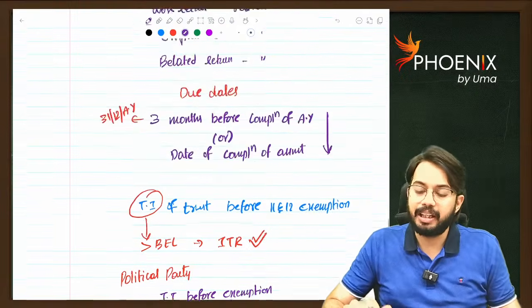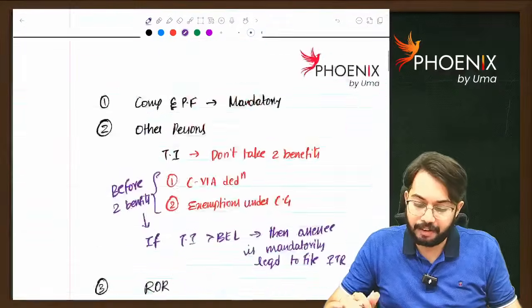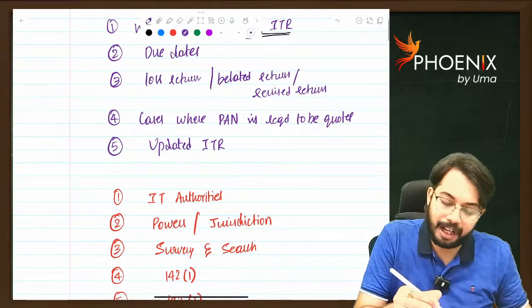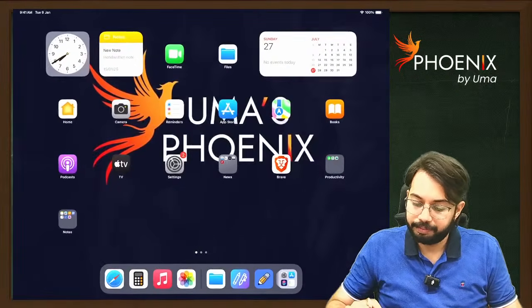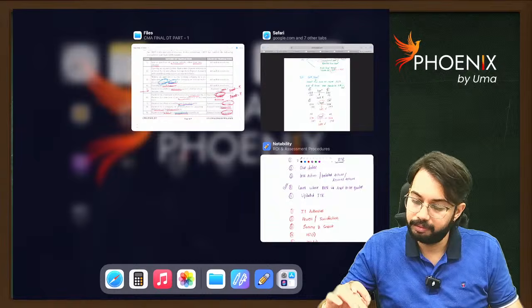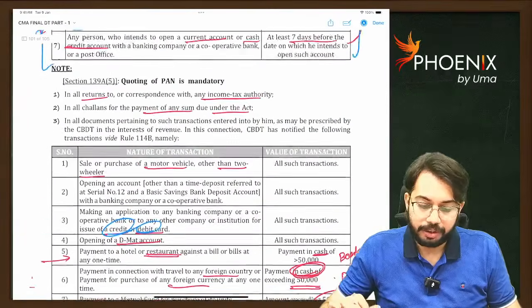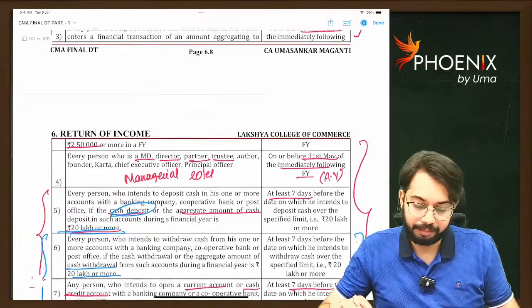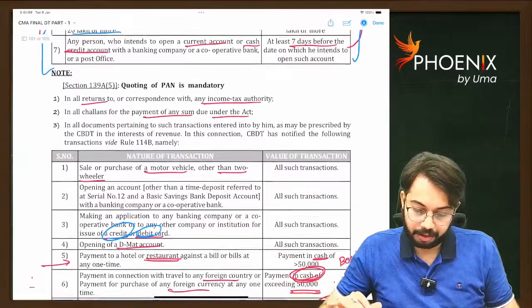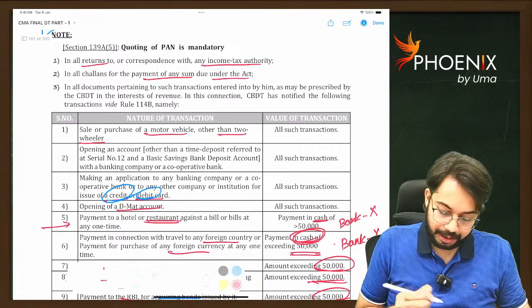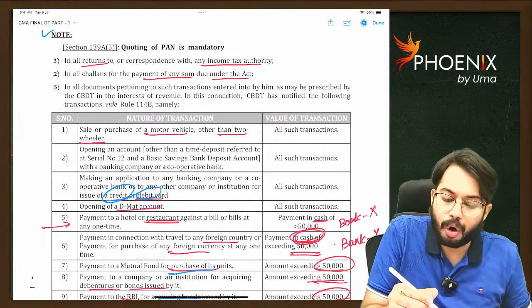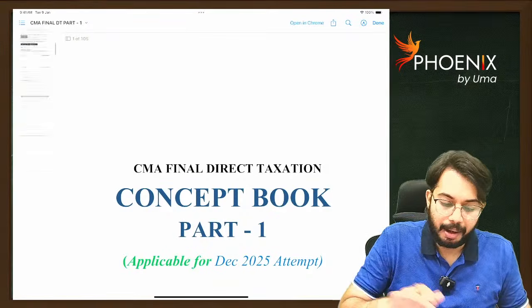Next, we will discuss cases where PAN is required to be quoted. This is very, very important. You can see quoting of PAN is mandatory.